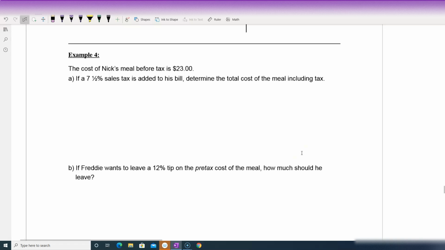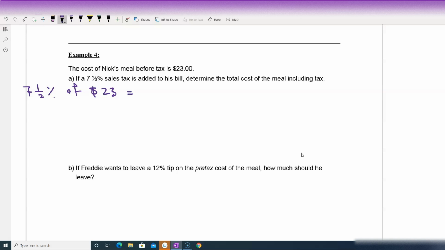Example number 4. The cost of a meal before tax is $23. Part A, if a 7.5% sales tax is added to the bill, determine the total cost of the meal, including tax. So this is including tax, and the tax rate is 7.5%. So we have 7.5% of $23.